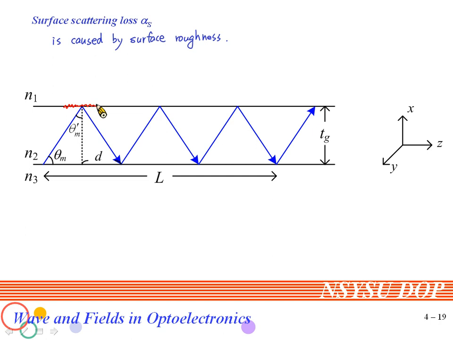As a result, as a light wave hits the interface to induce the TIR, total internal reflection, some of the light energy will be scattered out from the core region. This will induce waveguide loss, and such kind of waveguide loss we call surface scattering loss.